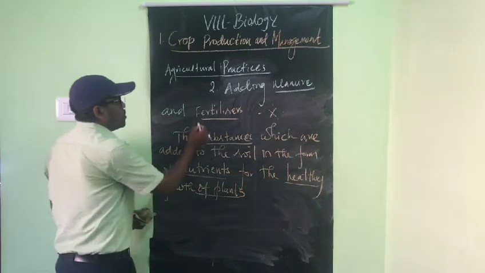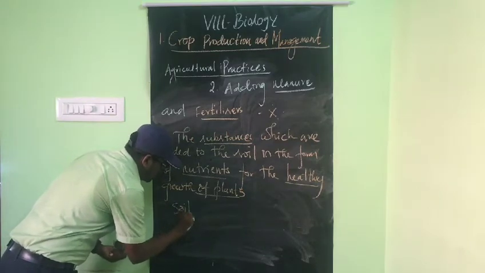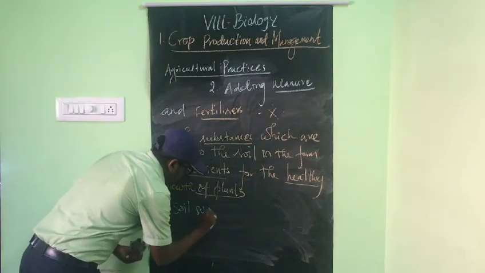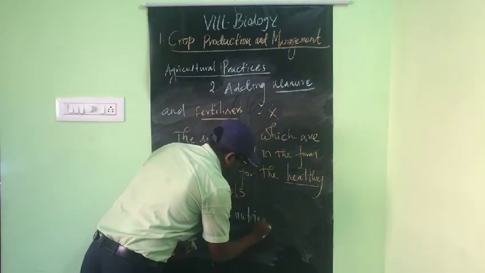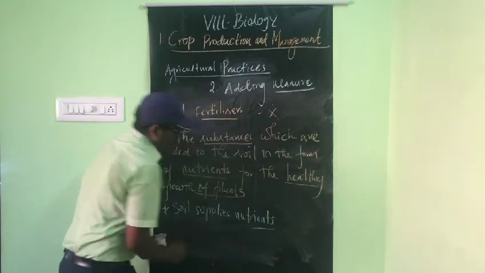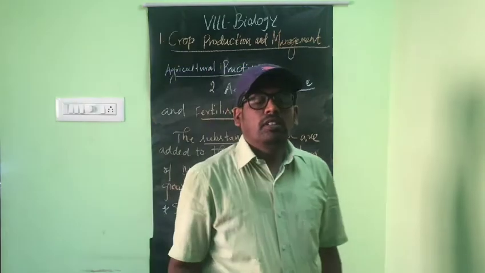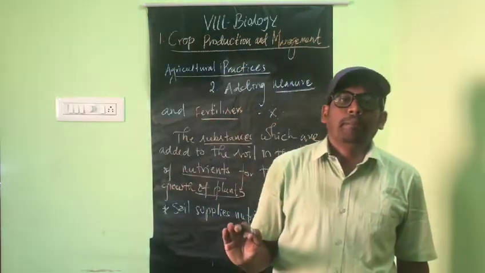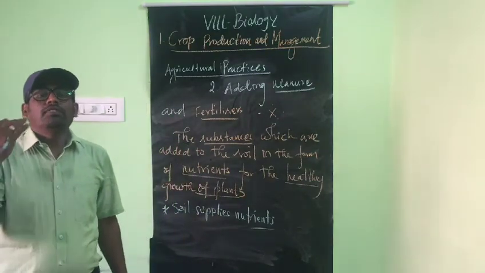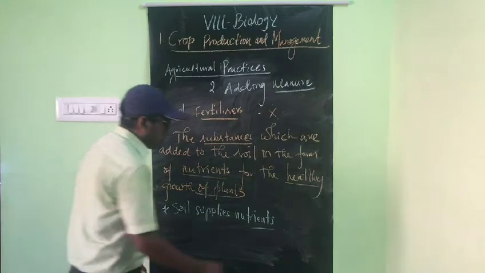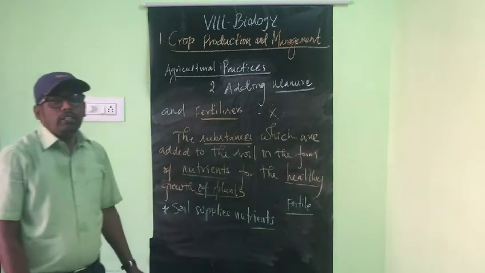So when you add manure and fertilizer, then only the soil supplies nutrients and minerals. When the soil is rich in nutrients and minerals, it is called wealthy soil or fertile soil. Fertile soil, you may have heard. Fertile means what? Fertile means valamana man.